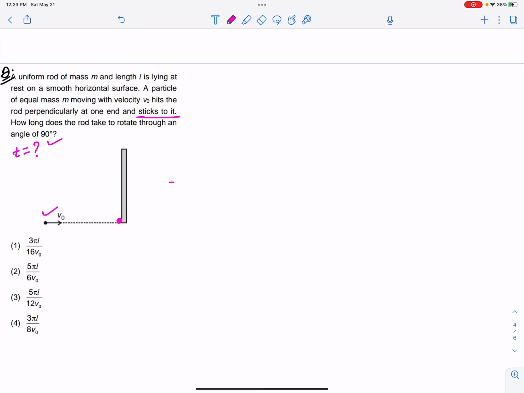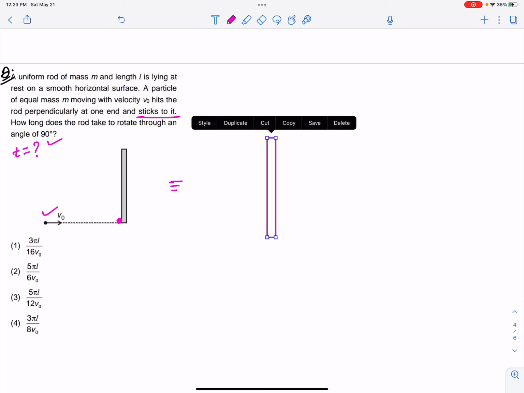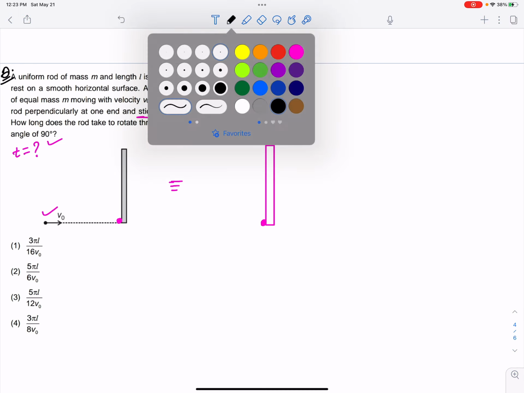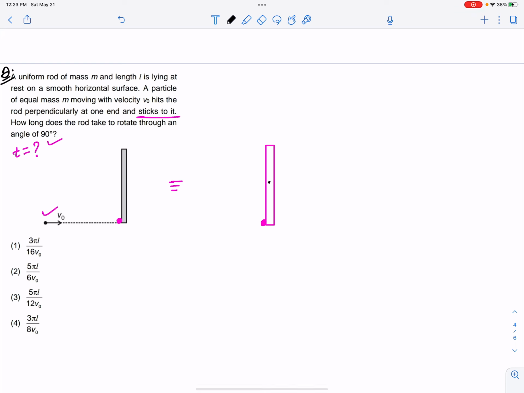So look, after collision, what will happen? After collision, this particle is going to stick to this rod, right? Both have equal mass, so the center of mass of the system will be somewhere here, right?